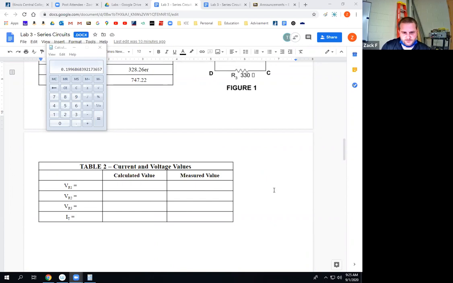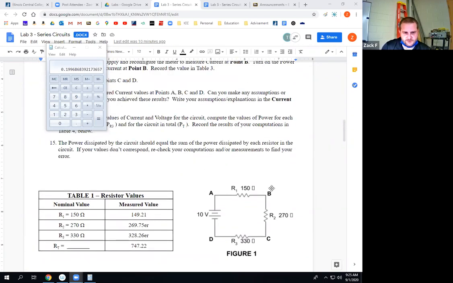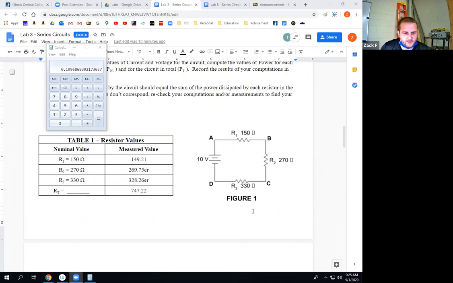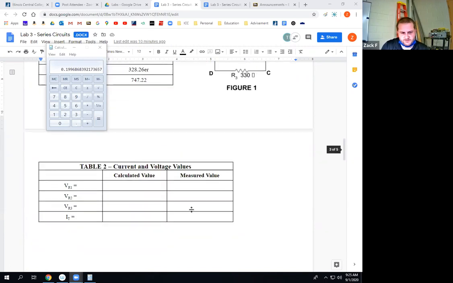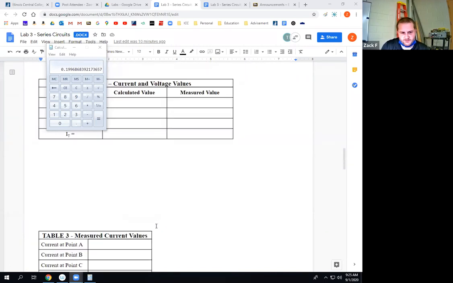Voltage across R1. Oh, I see. I apologize, this is not voltage drop. It's saying resistance total. What was mine? 747.22. So what is the current going to be?